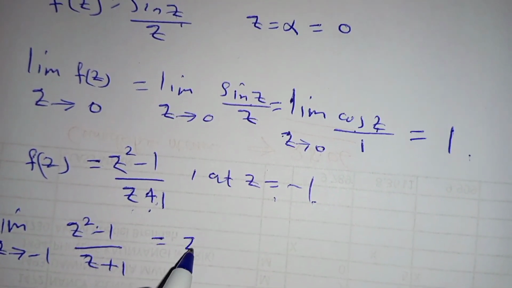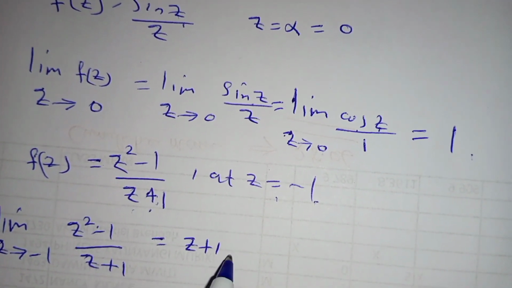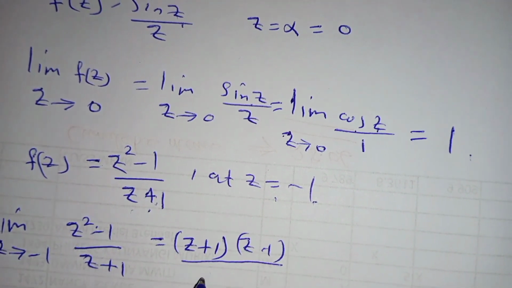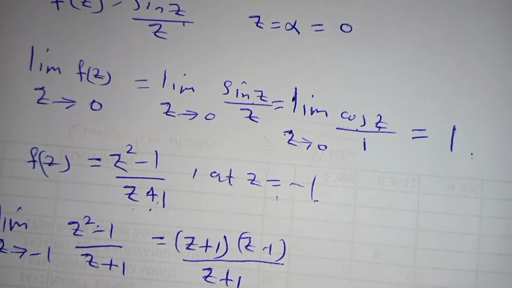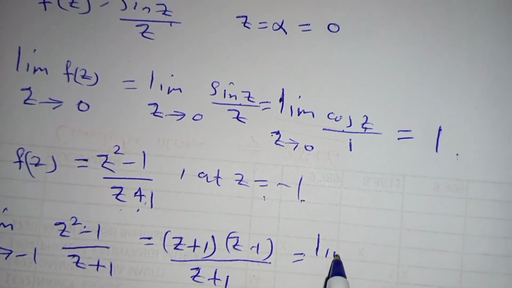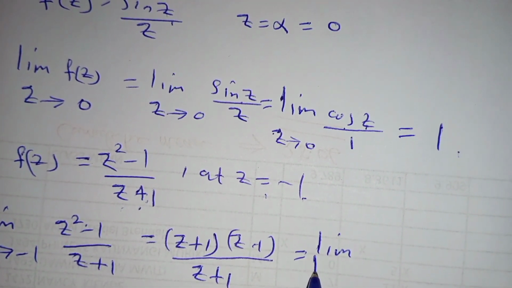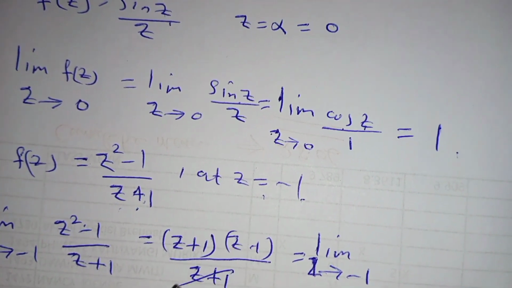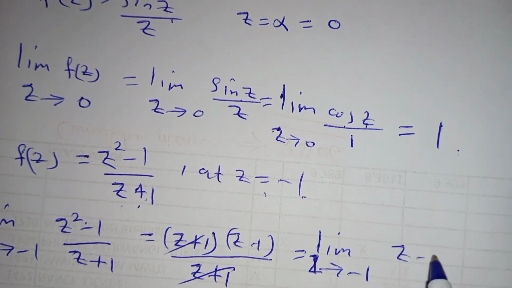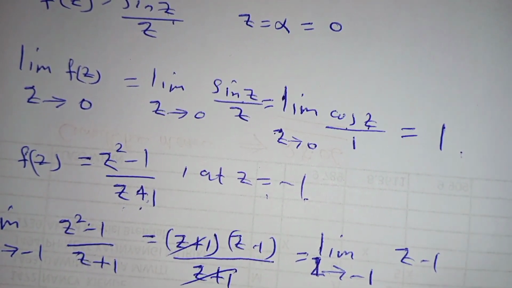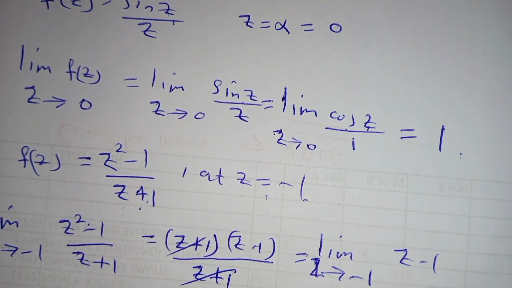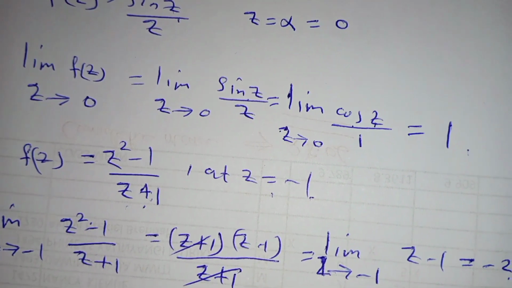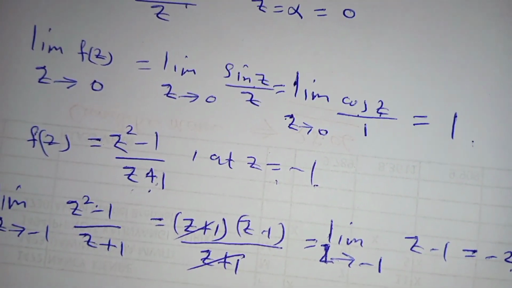I have factorized the numerator as z plus 1 multiplied by z minus 1. So the limit as z tends to -1, the z plus 1 cancels, leaving z minus 1, which will give you -2. You can see clearly now we have removed the singularity.